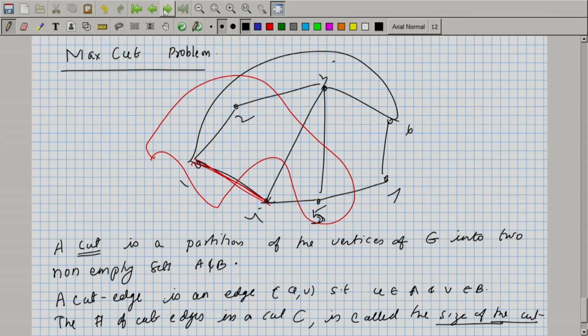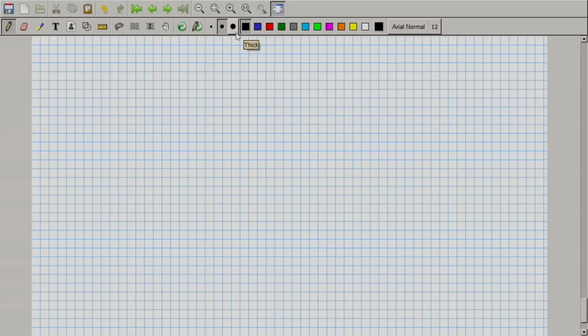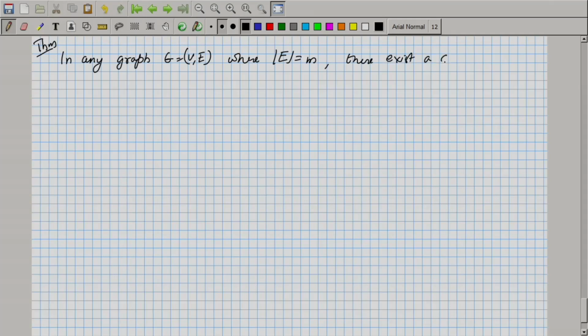Okay. So, we will prove the following theorem. In any graph G equals V comma E, where let us say there are m edges, there exists a cut of size m by 2.